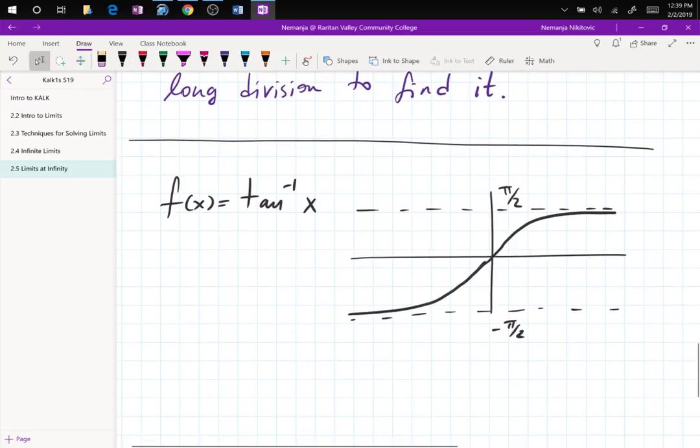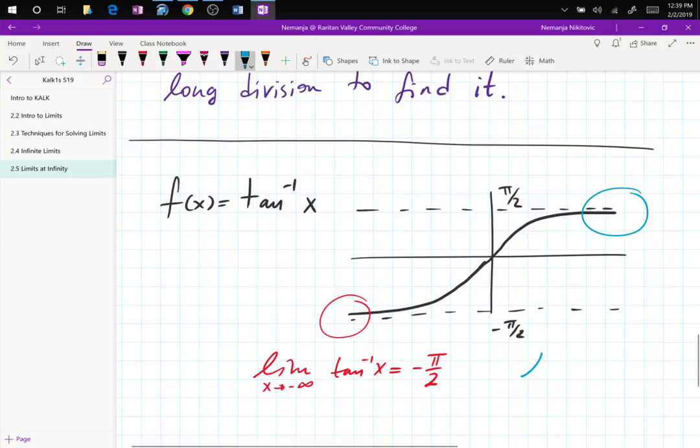So on this side we have that the limit as x goes to negative infinity of tangent inverse of x is equal to negative pi over 2. And over here in blue, we have that the limit of inverse tangent of x is equal to positive pi over 2 because x goes to positive infinity.